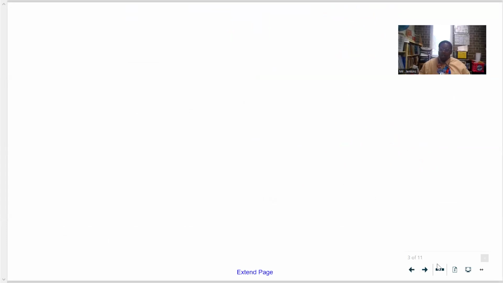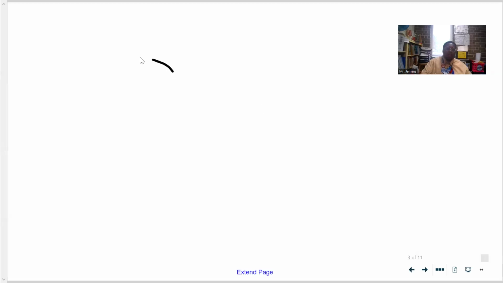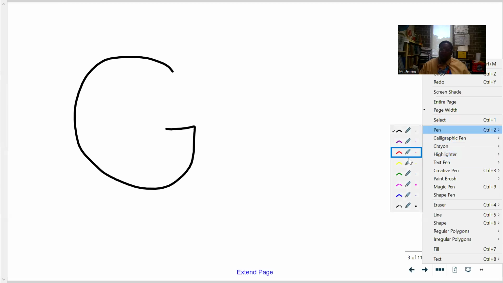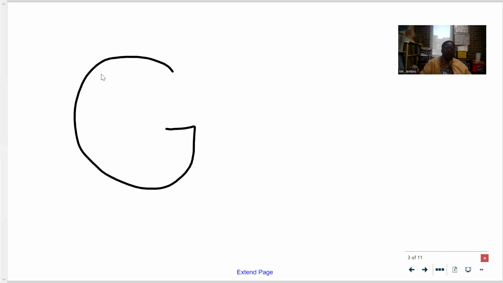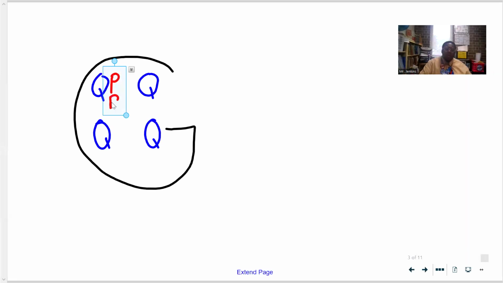Gallon. All right. So I'm going to draw a big G, and this is going to represent the Kingdom of Gallon. Okay. Big G. So in the Kingdom of Gallon, it is ruled by four lovely queens. Each queen who rules the Kingdom of Gallon has a prince and a princess.